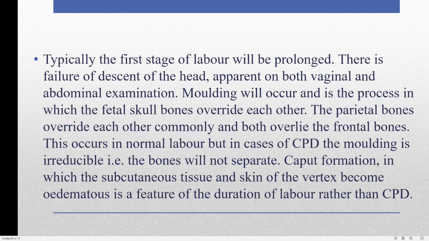Typically, the first stage of labor will be prolonged. In the case of a functionally contracted pelvis, there is failure of descent of the head, apparent on both vaginal and abdominal examination. Molding will occur, the process in which the fetal skull bones override each other. The parietal bones commonly override each other, and both overlie the frontal bones.